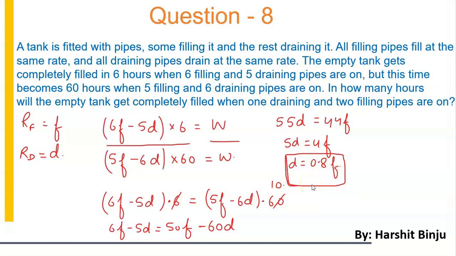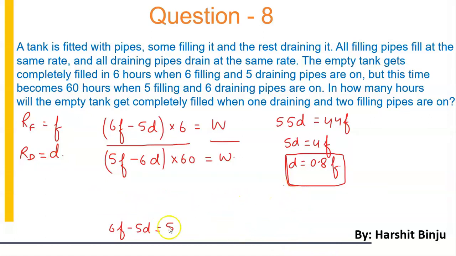Now once we have the value of D in terms of F, D is 0.8F. So I'm going to remove these calculations because I'll be needing space. So I have D which is equal to 0.8F.